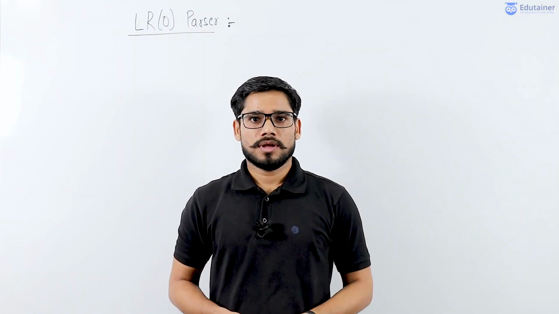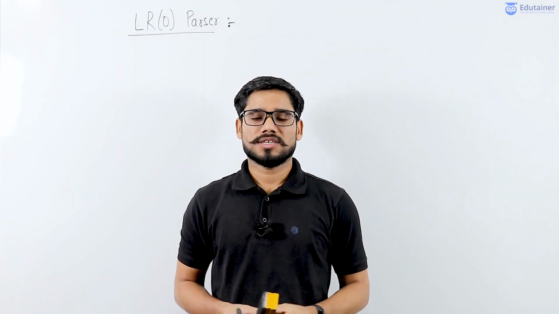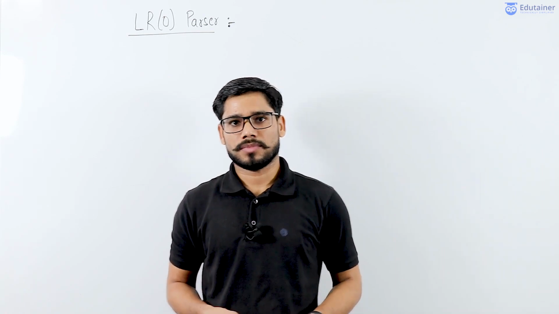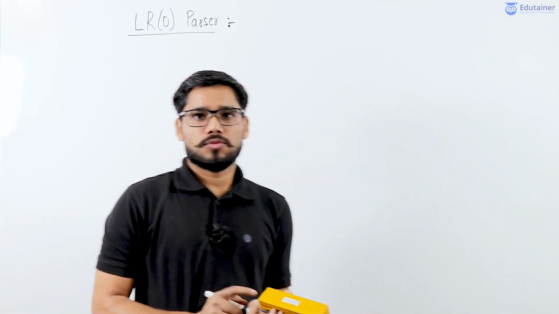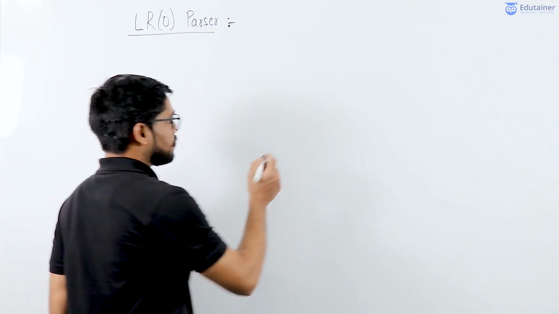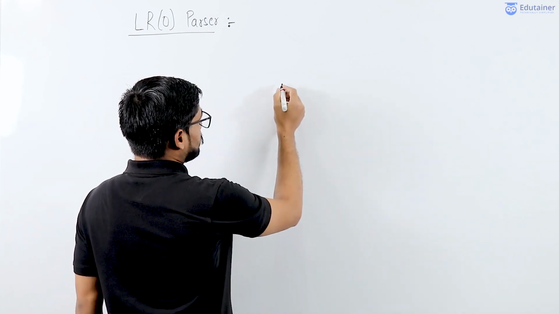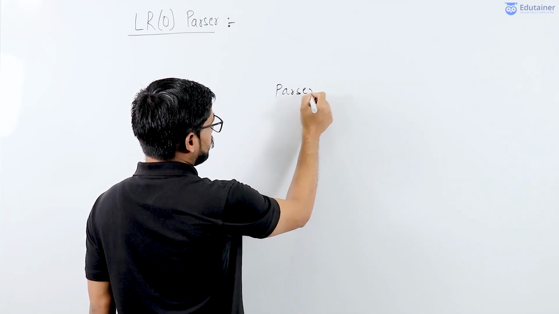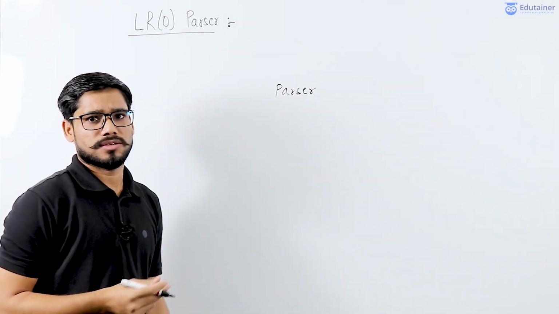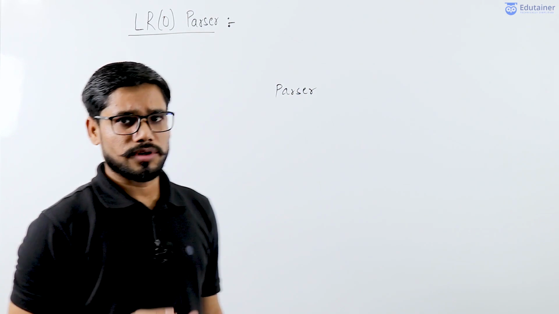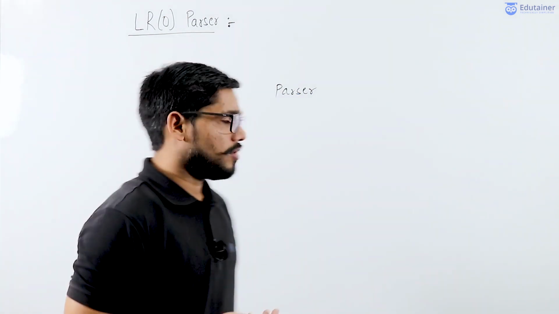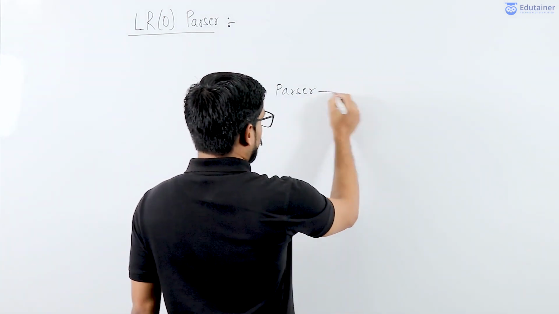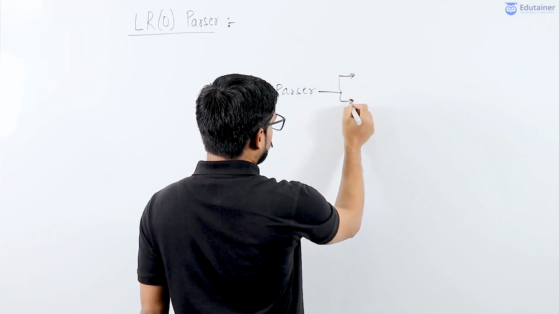Hello everyone. So let's start LR0 parser. Before starting LR0 parser, remember these points. For every parser, whether you take LL1 parser, LR0 parser, SLR1, LALR1 and CLR1, all these parsers have three things in common.